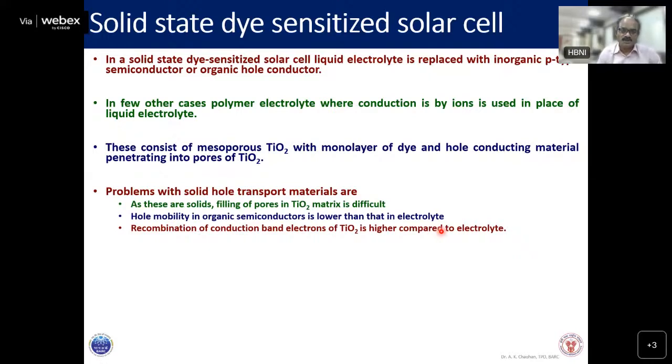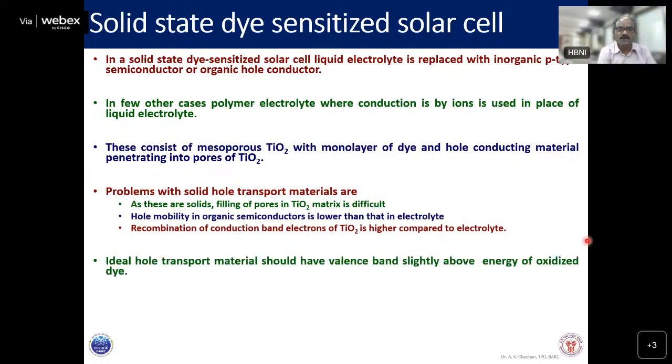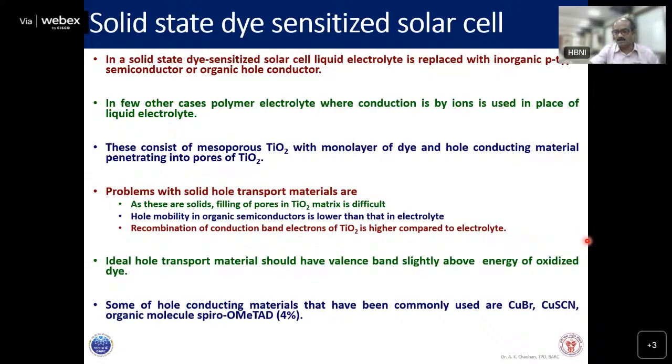Another issue is that recombination of conduction band electrons of TiO2 is higher compared to the electrolyte in the case of solid state electrolytes. So an ideal hole transport material should have a valence band slightly above the energy of the oxidized dye. This is the same principle as we discussed earlier when we were explaining the hole transport materials.